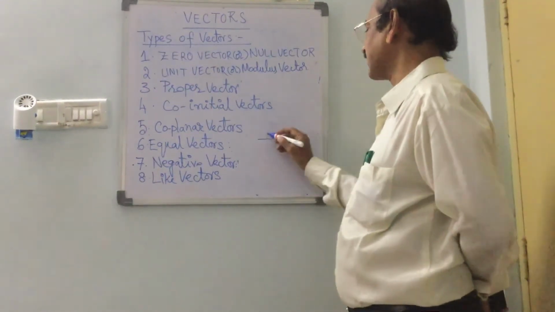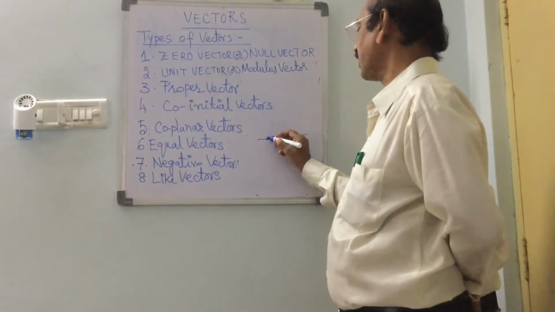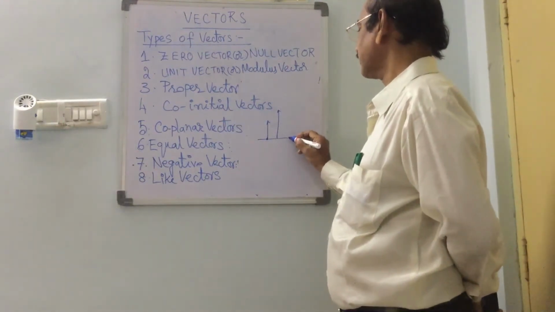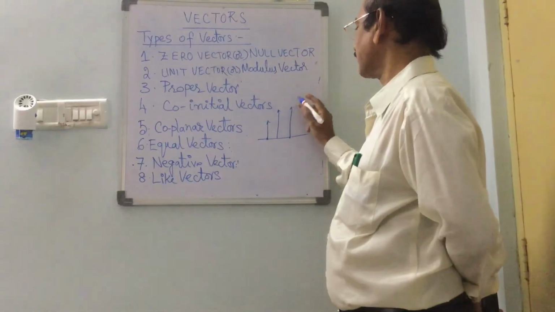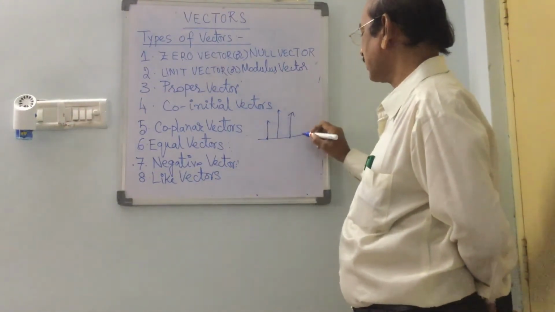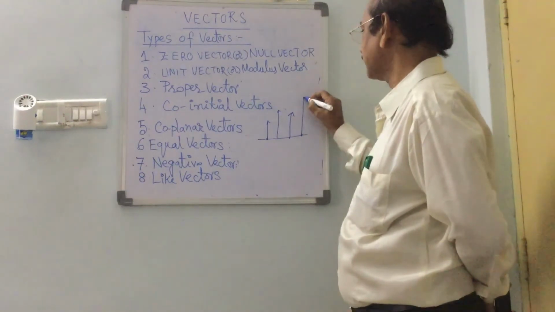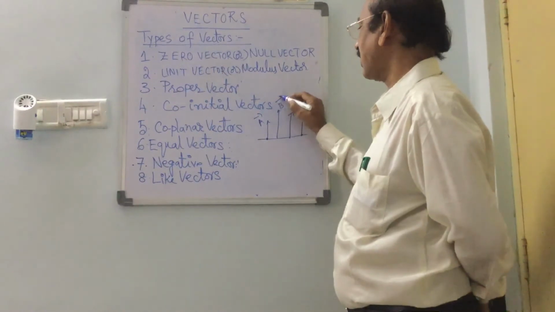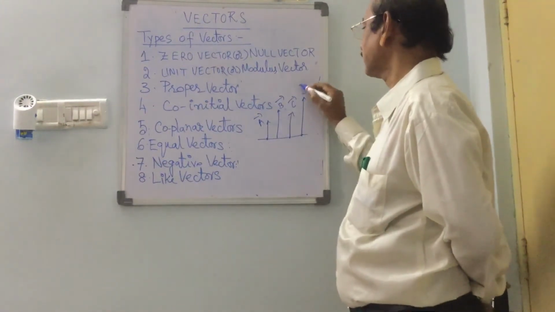Vectors lying in the same plane and which are in the same direction, whatever may be their magnitudes, but they possess same direction, then they are called like vectors.